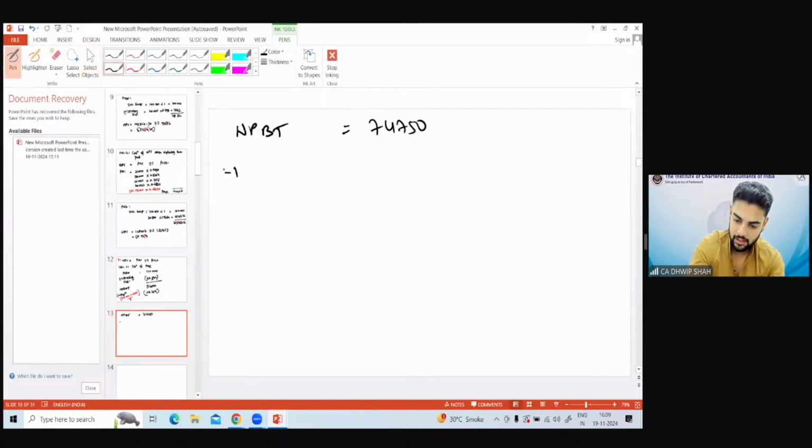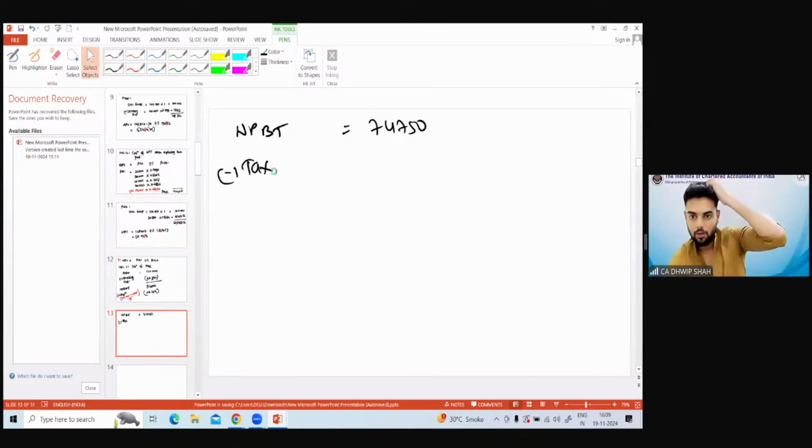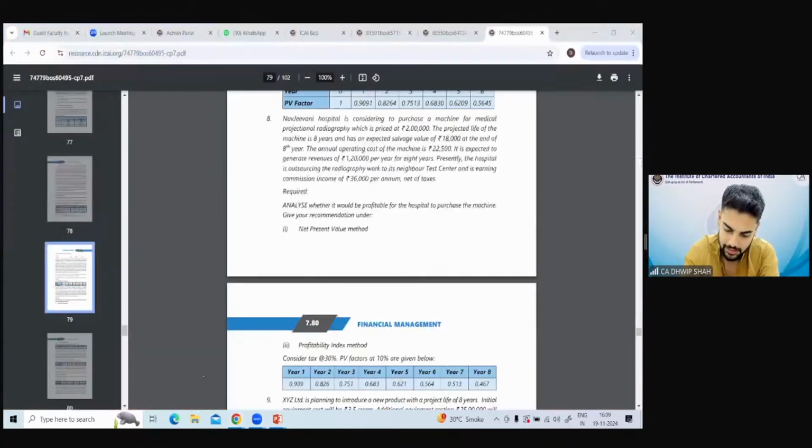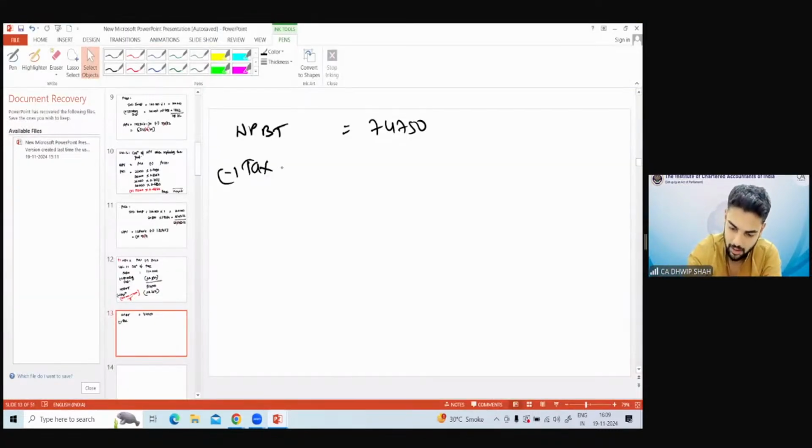74,750 less tax. Tax is at how much percent? How much is the tax rate? Correct. 74,750 is my NPBT. Tax is at 30%. So my tax comes to 22,425.